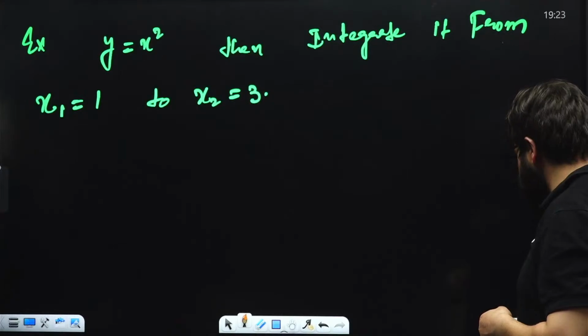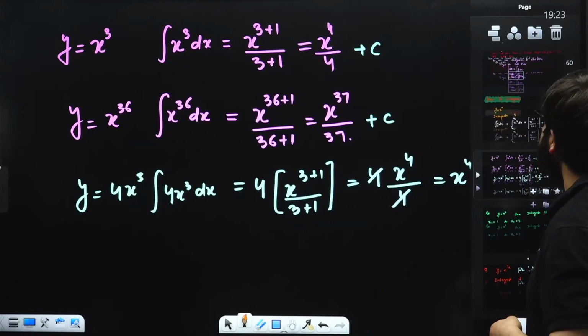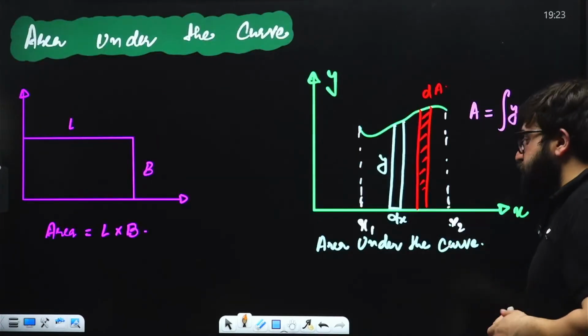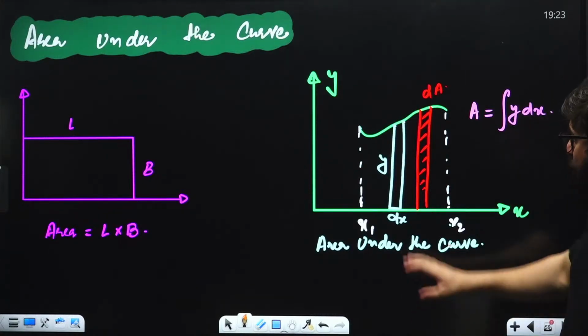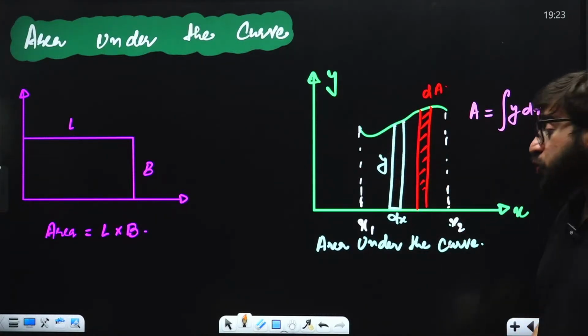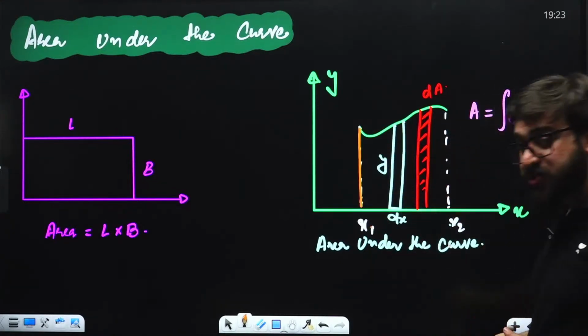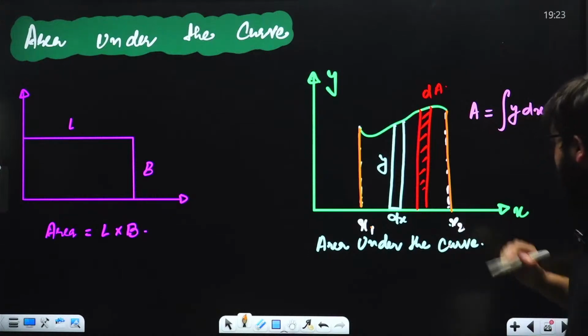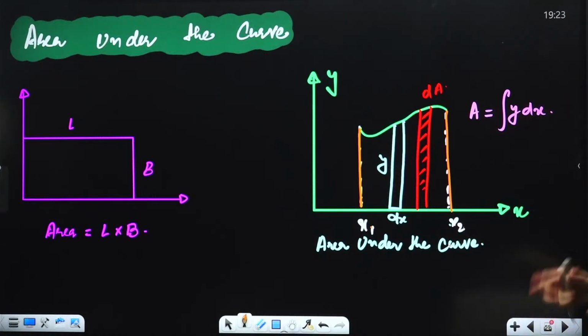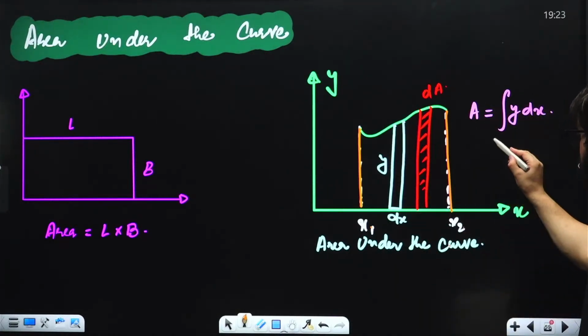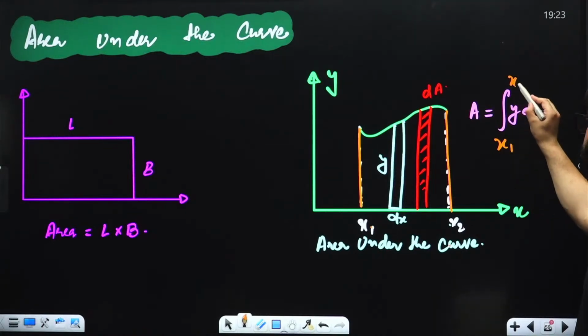Come over here. First, I'll make you understand in the graph. Suppose you have to find the area under the curve, and I ask you from where to where. This point is at x1 distance and this point is at x2 distance, so you have to find the area from x1 to x2.